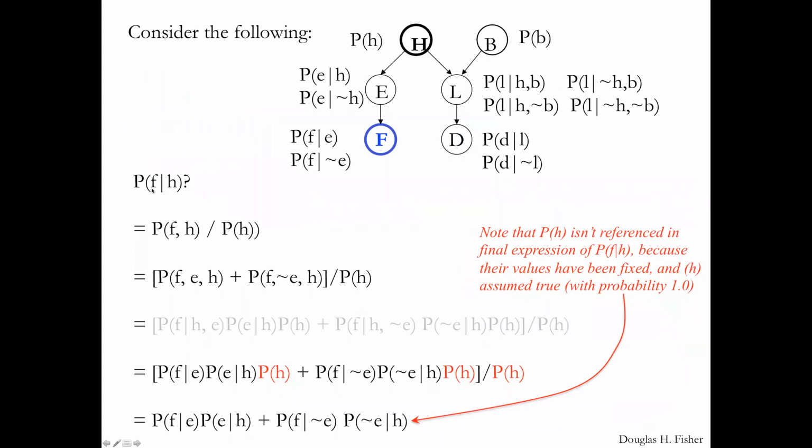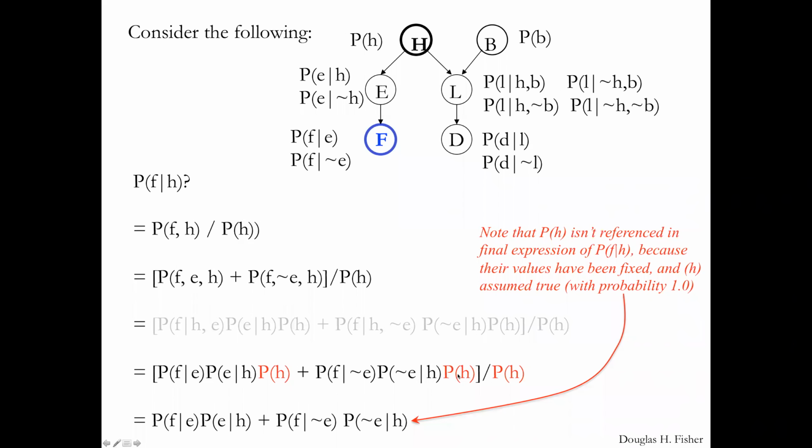Another example of a conditional probability, again going from causes to effects. I can rewrite that as two joint probabilities, F and H, and H. This, of course, is given in the network. This can be rewritten by filling the gap and involving variable E here, both its values, and then summing over those.